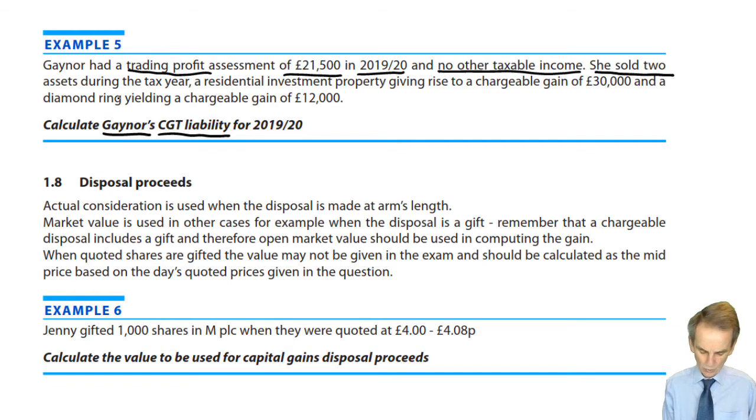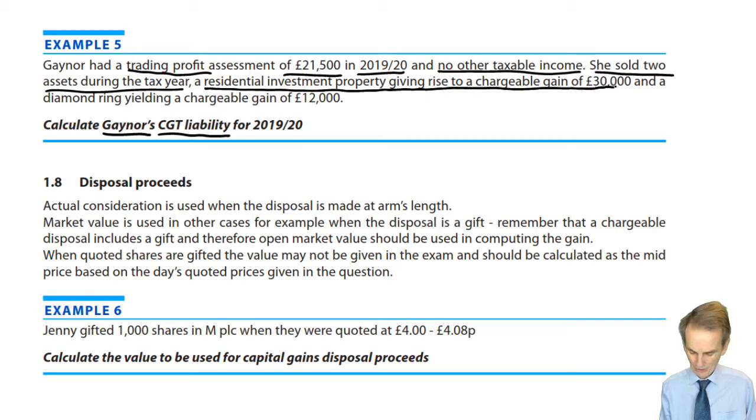Now, she sold 2 assets during the tax year. A residential investment property, giving rise to a gain of £30,000, and a diamond ring, yielding a chargeable gain of £12,000.